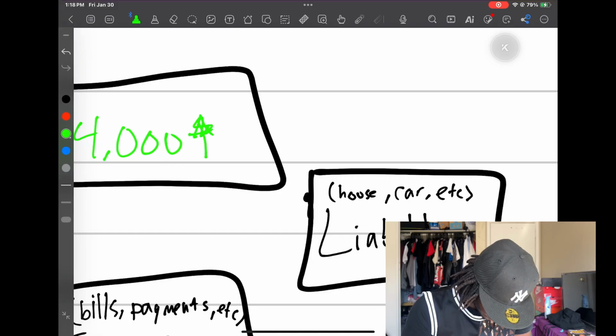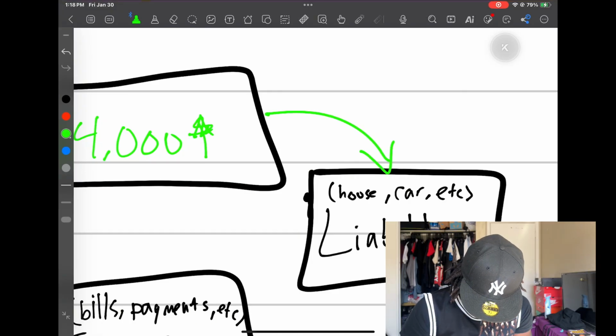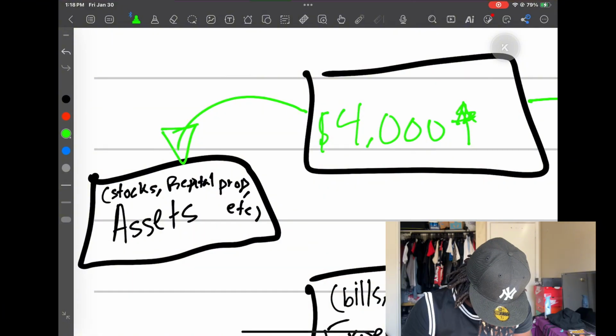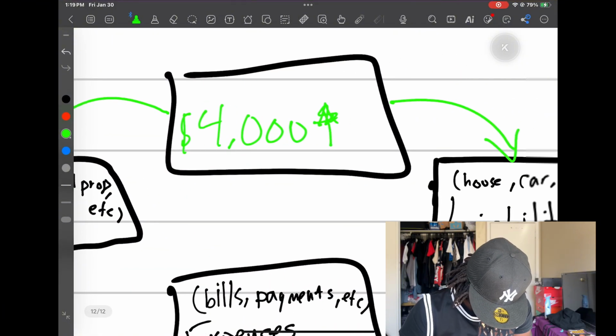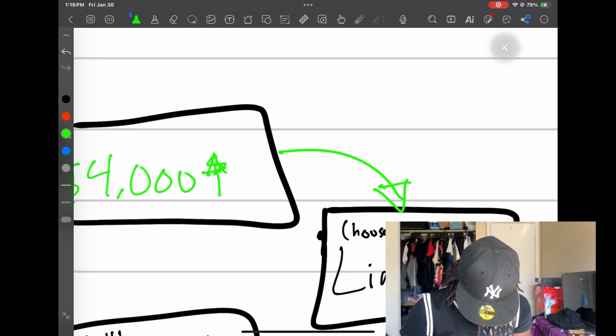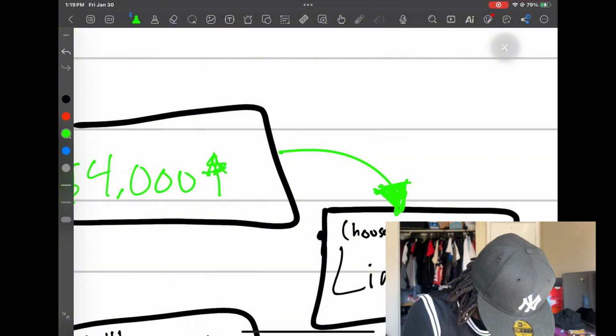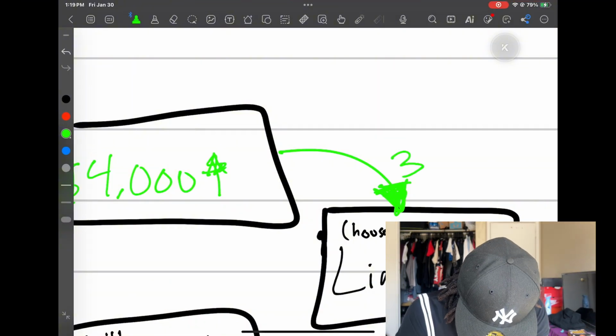They buy a house for $2,000, but now they're also diversifying and putting their money into stocks or safe investments. So now instead of just buying a car and a house, they bought a car and an apartment or something like that for, let's say, $3,000 per month, same thing.